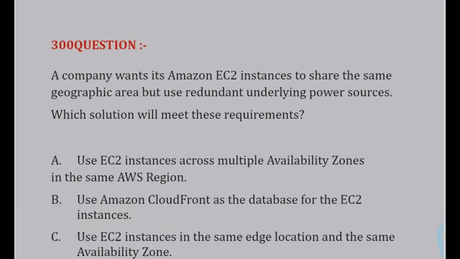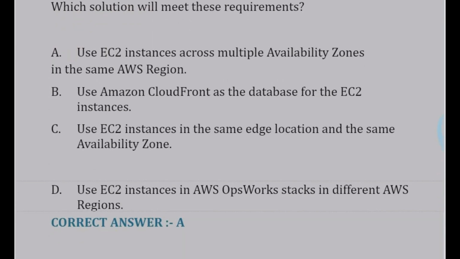Question is, a company wants its Amazon EC2 instances to share the same geographic area but use redundant underlying power sources. Which solution will meet these requirements? Option A, use EC2 instances across multiple availability zones in the same AWS region.